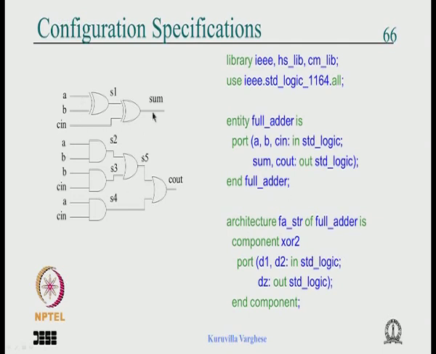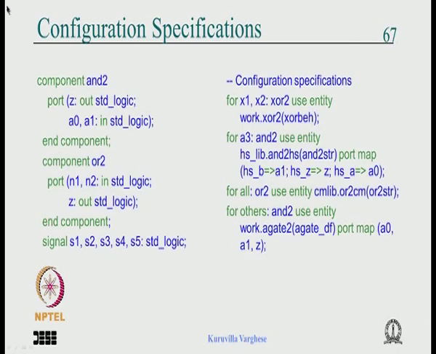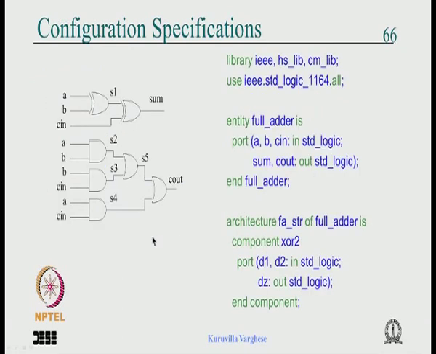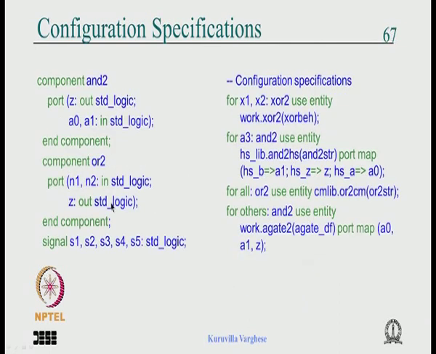So A, B, C is the input, sum and Cout is the output, and this is the declaration region, where we declare the components XOR 2, where D1, D2 is input and DZ is the output, and in the AND 2 component we specify the output first then the input, and then the OR 2 component where the inputs are first then the output is second, and we declare the internal signals like S1, S2, S3, S4, S5 so that we can do the instantiation.